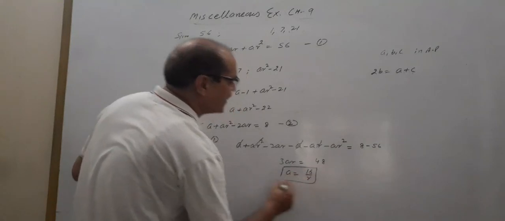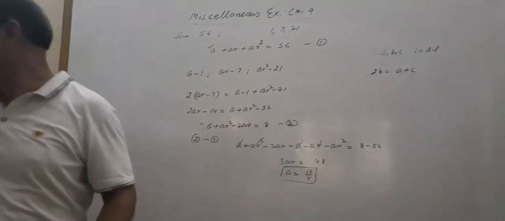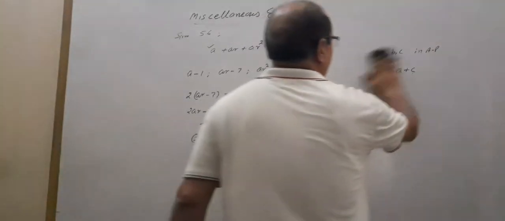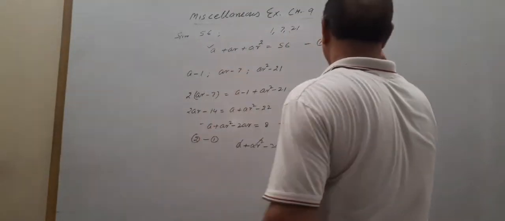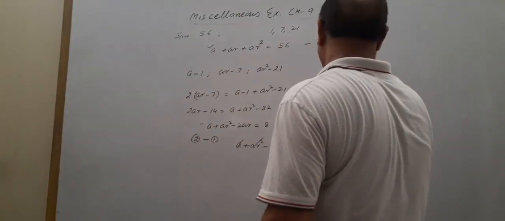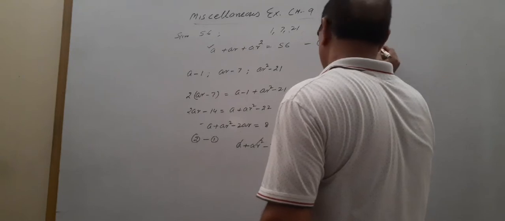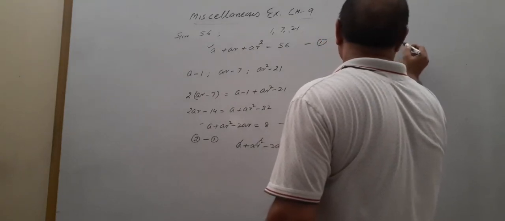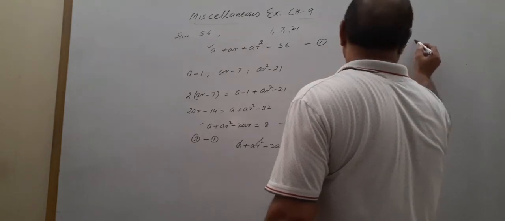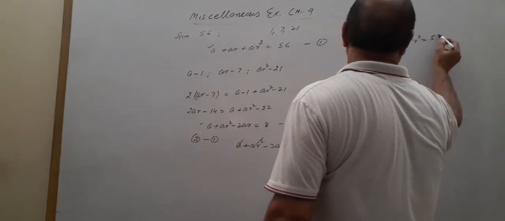आपको A की वैल्यू मिल गई है। अब मैं इस A की वैल्यू को सब्स्टिट्यूट करूंगा। After getting this A, I use it in equation 1, that is 16 by R plus 16 by R into R plus 16 by R into R square is equal to 56.